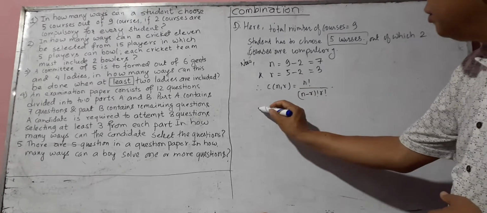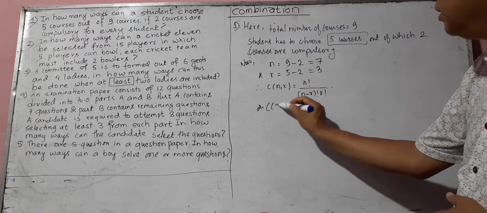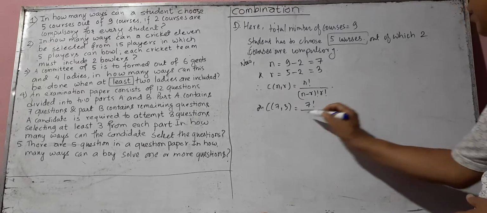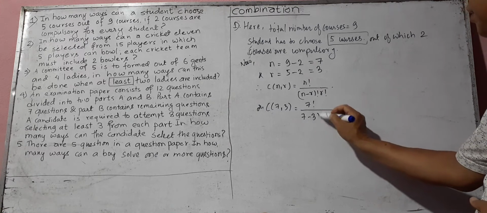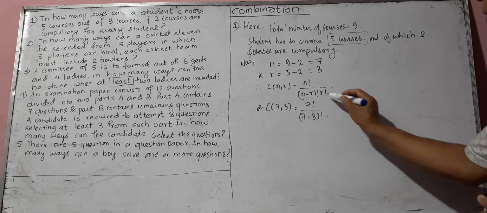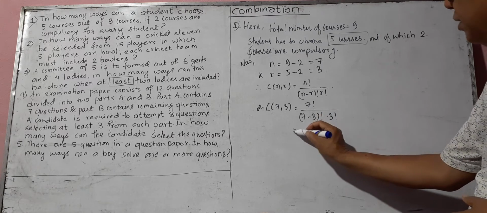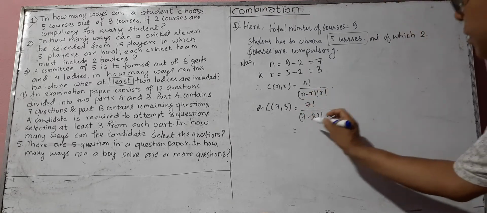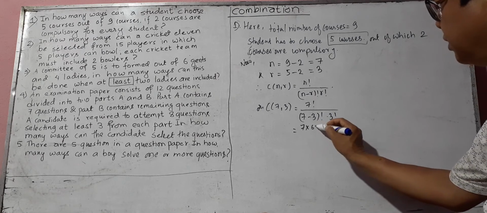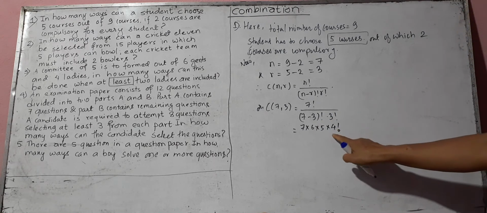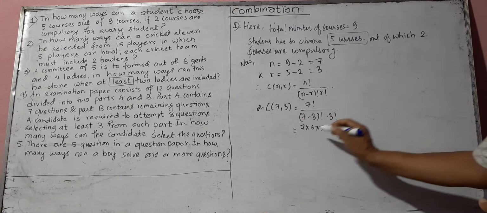So C(7,3) equals 7 factorial divided by (7 minus 3) factorial times 3 factorial, and this equals 7 into 6 into 5 into 4 factorial. We stop here because 7 minus 3 is 4.